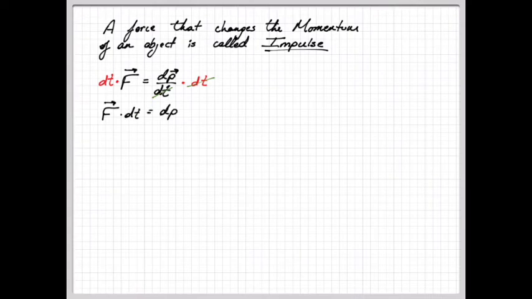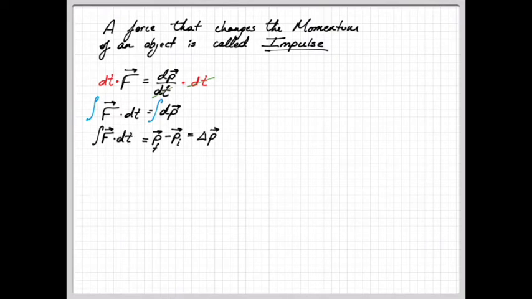On the left side, we've got force times dt is equal to dp, the derivative of momentum. To solve this, we're going to take antiderivatives of both sides. On the right side, the antiderivative of dp will simply be a change in momentum, final minus initial. We've identified and defined that before. That's the change in momentum. What about the left side?